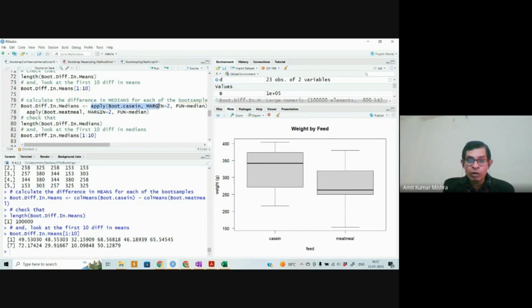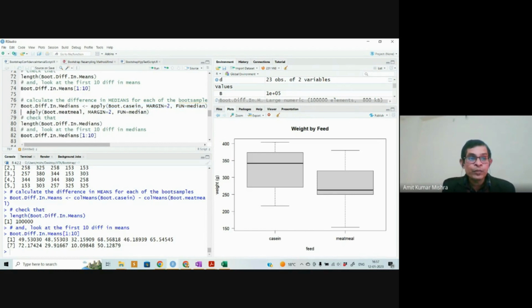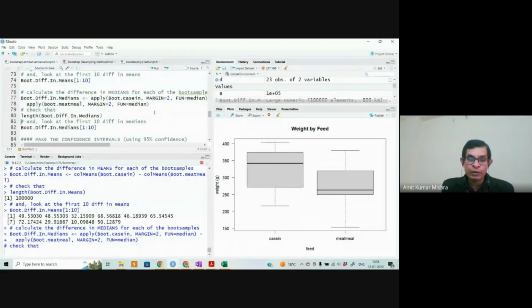That means you have column wise medians of boot.casein data, and you are subtracting the same for the other data, that means the meat meal data. Apply the function median on meat meal data column wise and take the difference. So it will give you the differences of the medians, and of course, the length will be 10,000. Why is it taking time?